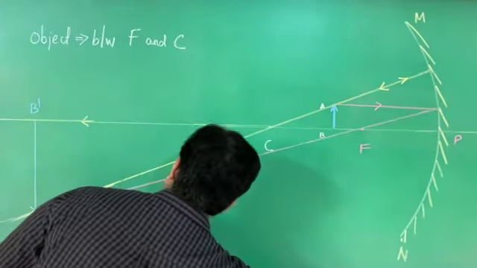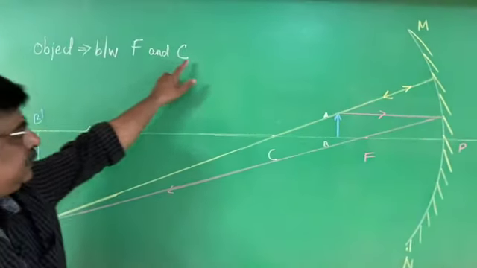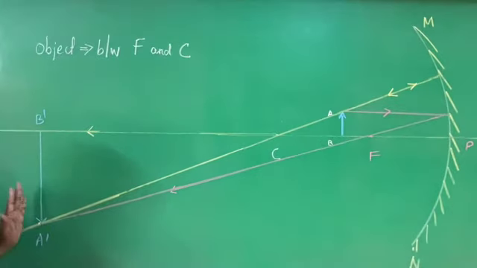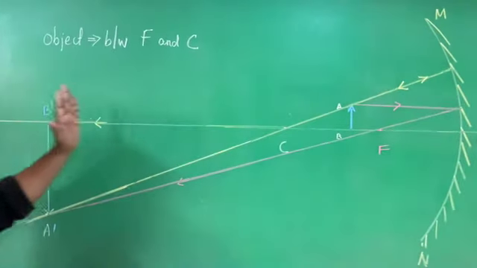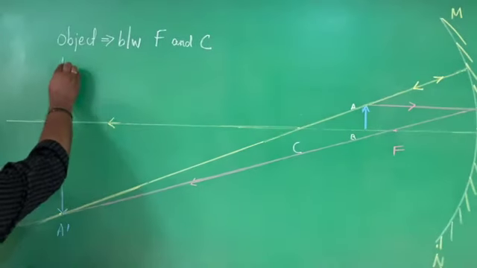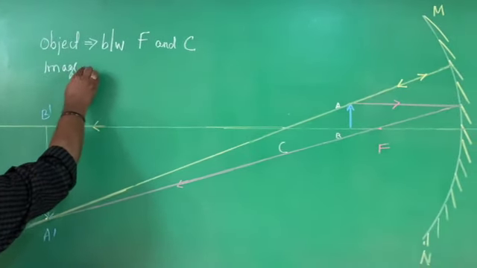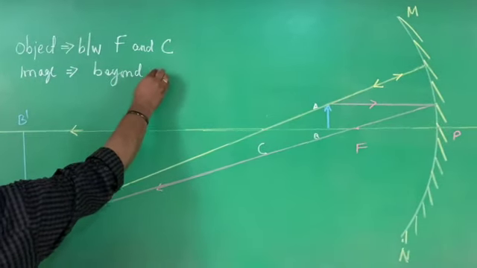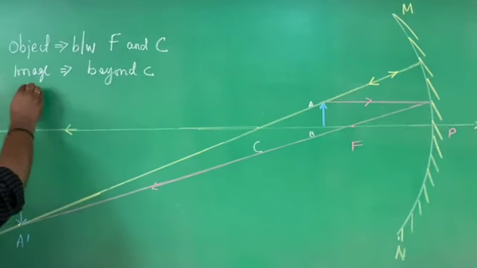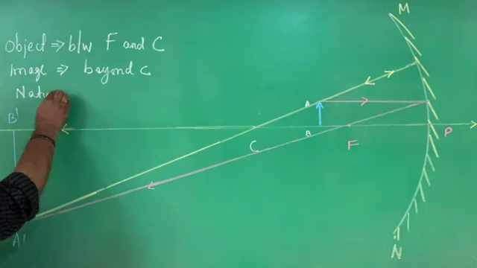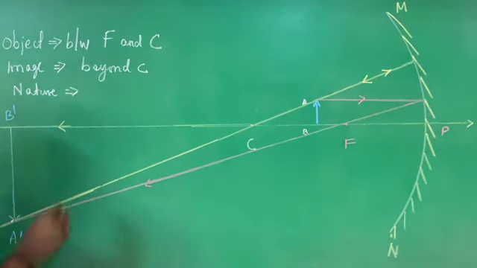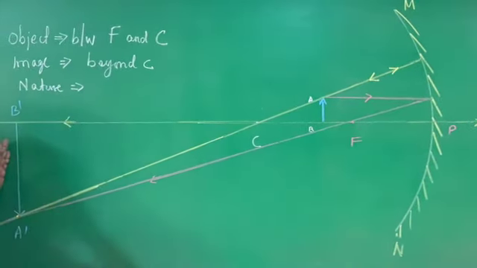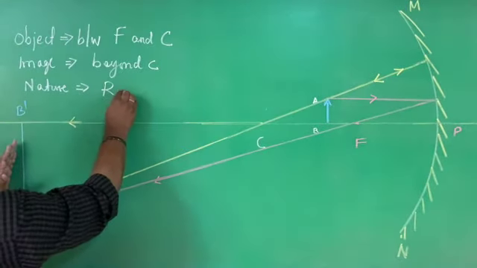The result: when the object is placed between F and C, where is the image formed? Image is formed beyond the C. And to understand the nature of the image, very simple it is. Because the image is in front of the mirror, therefore it should be real.